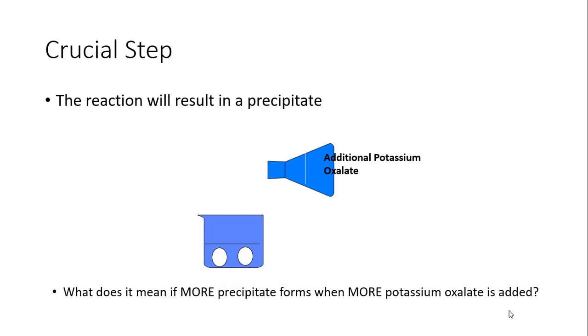If the precipitation stops when potassium oxalate is used up, that means that it's limiting. So that's one of the aspects of this experiment that we're going to do.